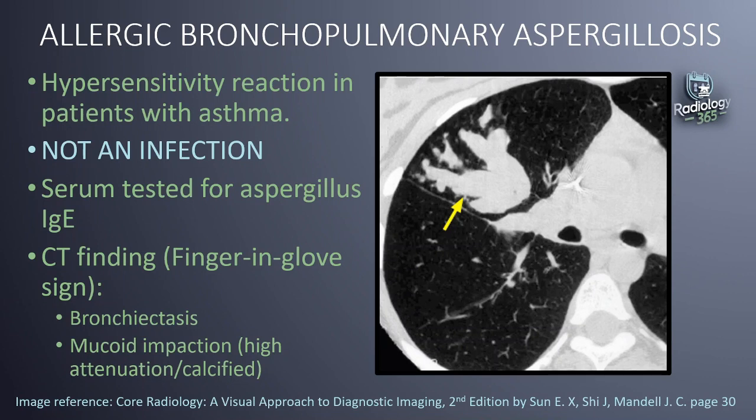So this CT honed into the right lung shows dense bronchial mucoid impaction representing the finger in glove sign. You can see these dilated bronchi, and within these bronchi we have this high attenuation material inside it. And I don't know about you, but this looks like a gloved hand to me. So this is the finger in glove sign of allergic bronchopulmonary aspergillosis.